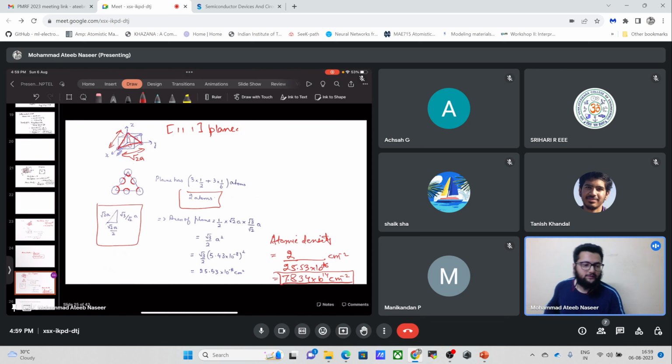So these are different kinds of atomic densities that we are getting in these different planes along different silicon planes. If you have any question regarding this, you can ask me, because there is another session from 5 that you need to join.